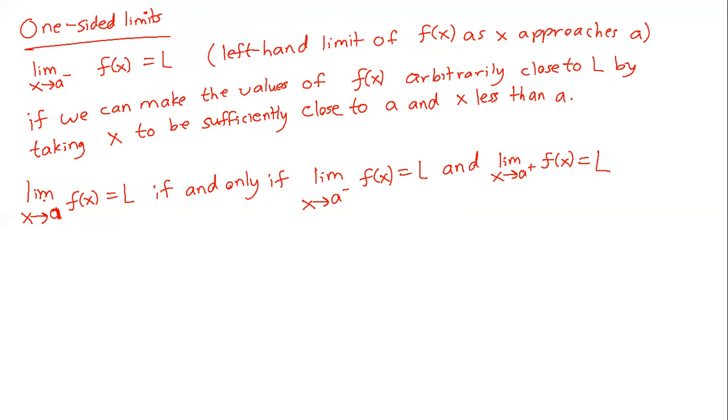If the limit as x goes to a of f of x is L, then the limit as x goes to a from the left equals L, and the limit as x goes to a from the right is L.